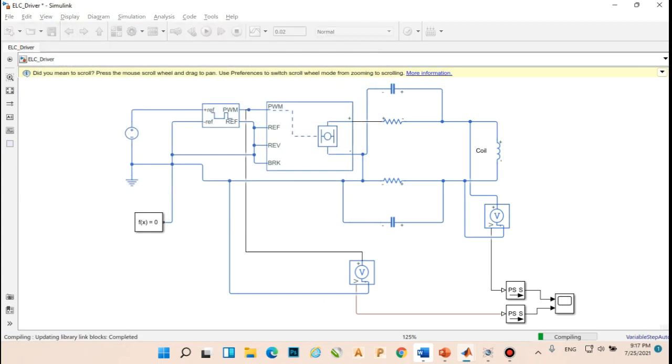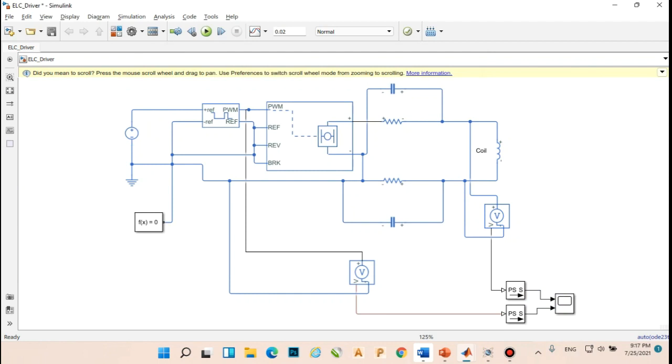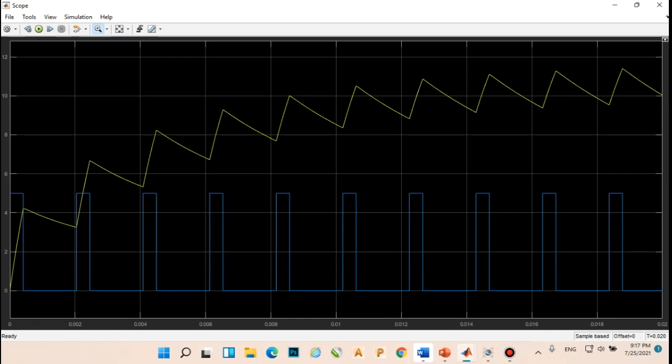If we run the Simulink, we set the voltage at 1 volt. It means we set the duty cycle at 20% from 5 volt.